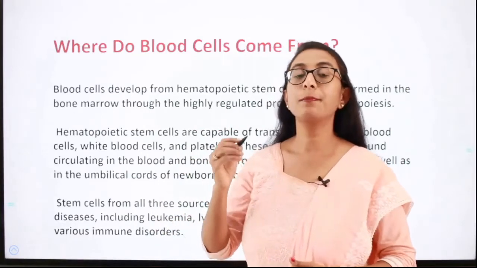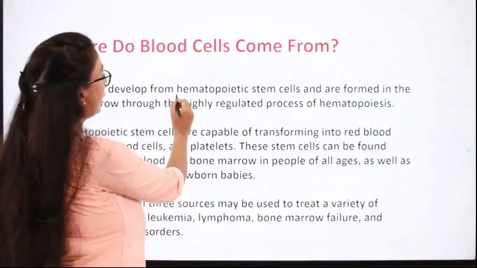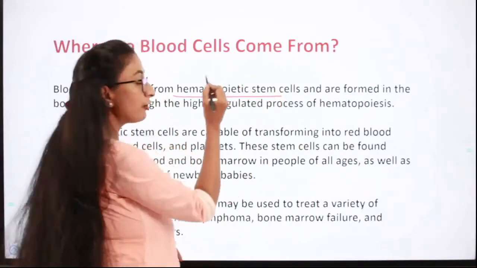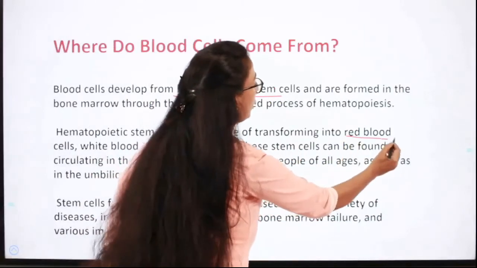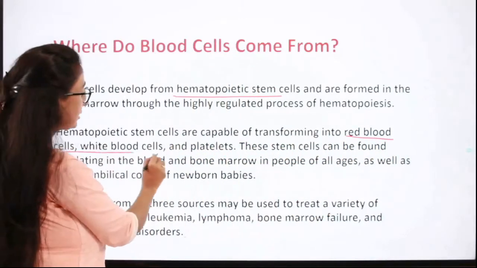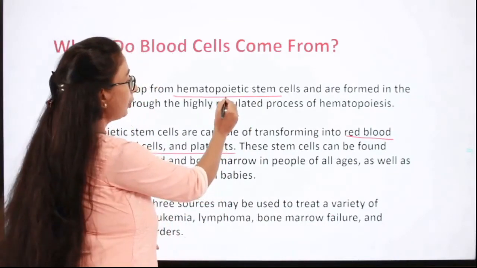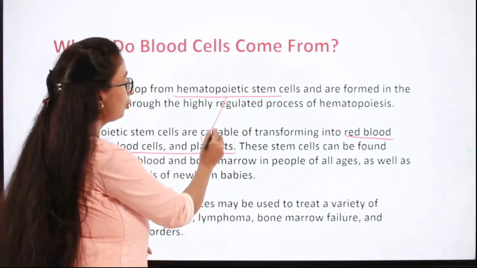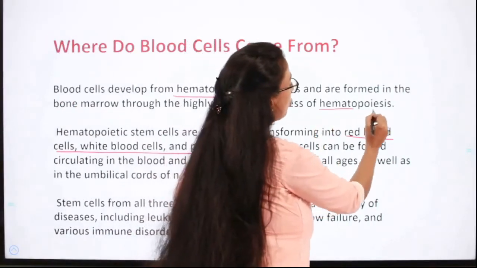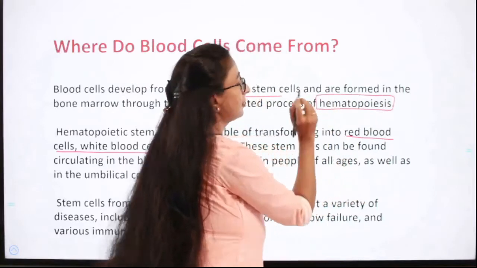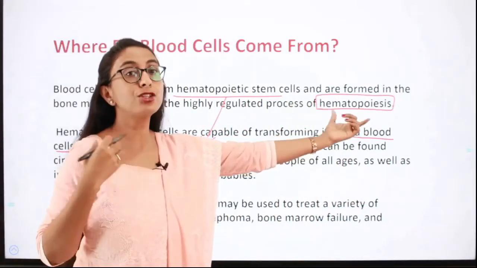This process by which the hematopoietic stem cells differentiate to form the blood cells is called hematopoiesis. So please try to remember this word, hematopoiesis. You might get it in the choices somewhere.